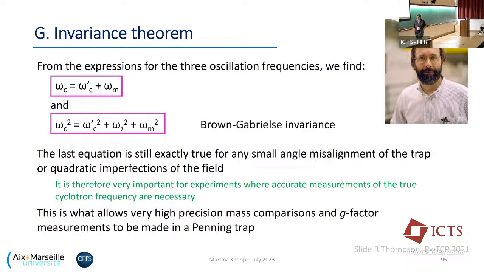And this is very useful because it allows us today to make very nice and high precision measurements. What we do in these traps is measure frequencies to measure masses, okay? And if the frequencies are coupled, you don't need at each step to measure every frequency, but you can measure just some frequencies with high precision and deduce the others, or you know that there's a stable relation between the frequencies, okay?